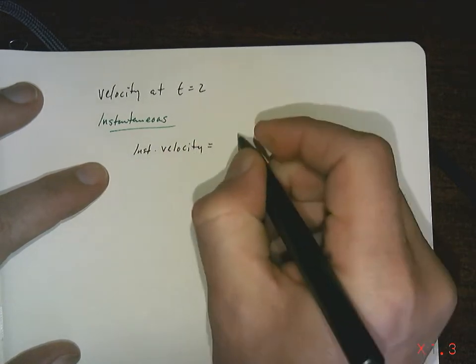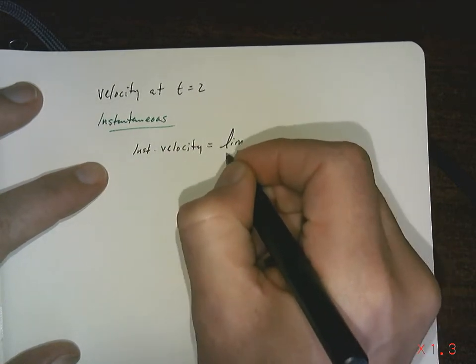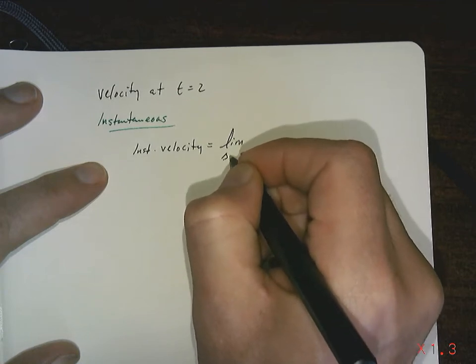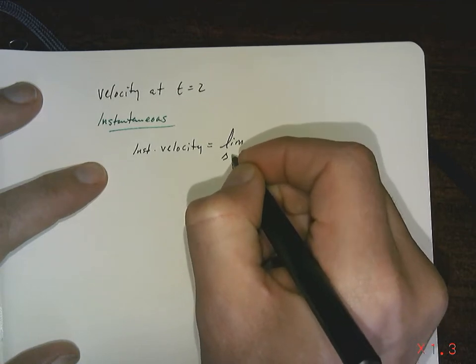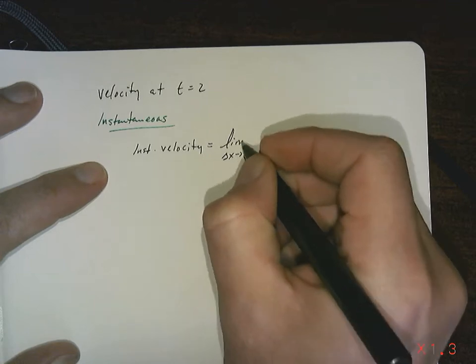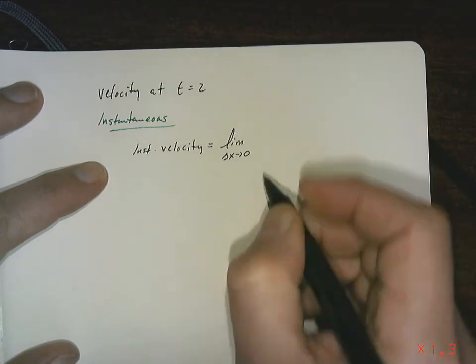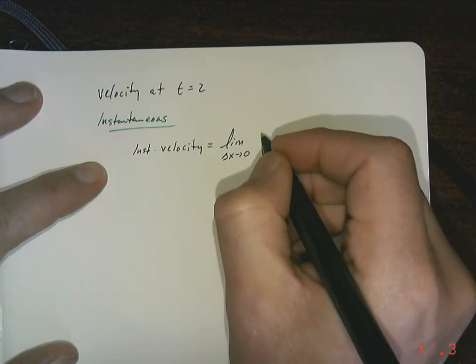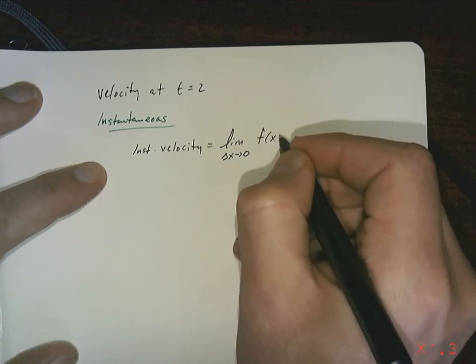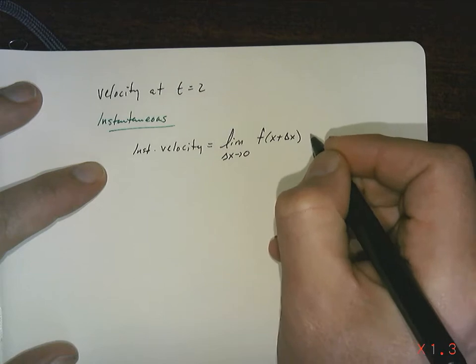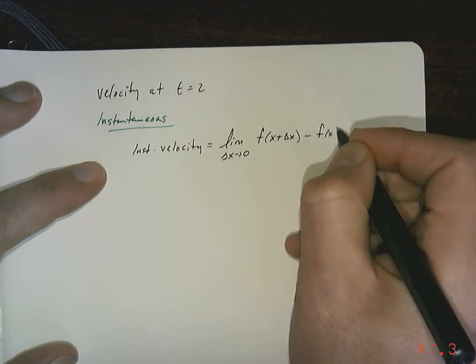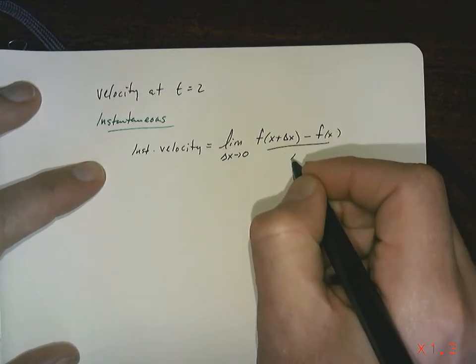is given by the limit as delta x approaches 0 of f of x plus delta x minus f of x over delta x.